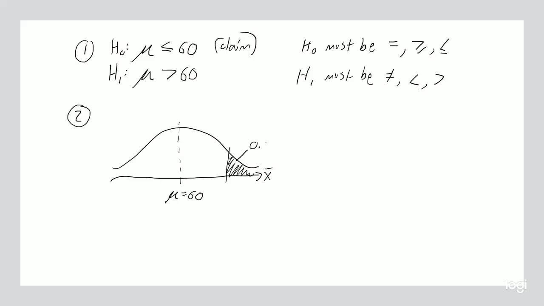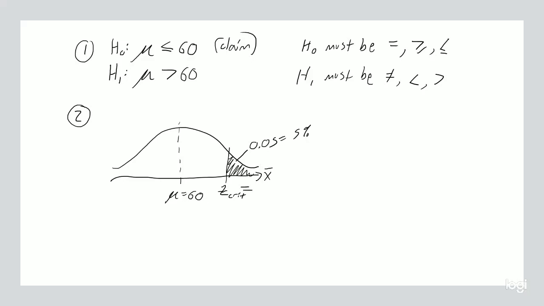Well, such that the area under the curve is 0.05, or 5%. That means if we have a sample mean that's in this range, there's only a 5% chance or less of observing a value that big, so we're going to reject our null hypothesis. And we have to determine, well, what is that critical value?